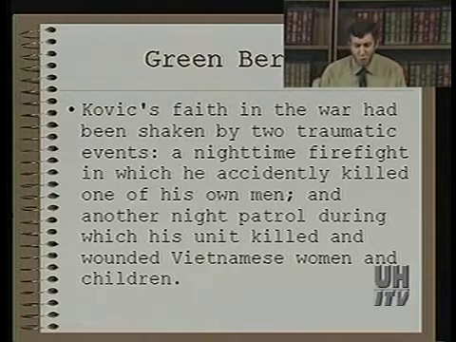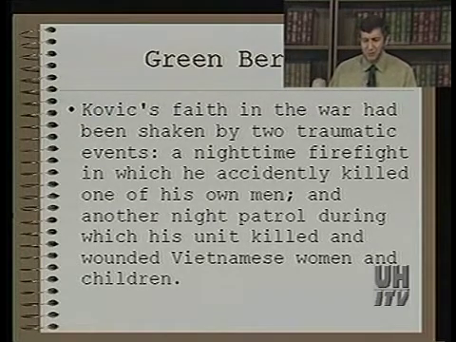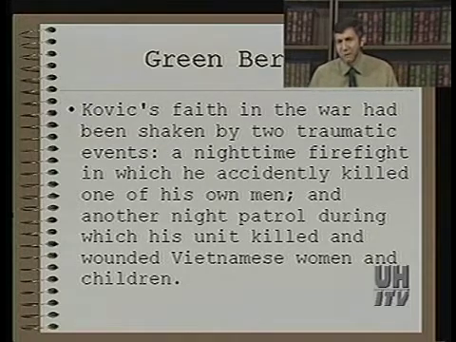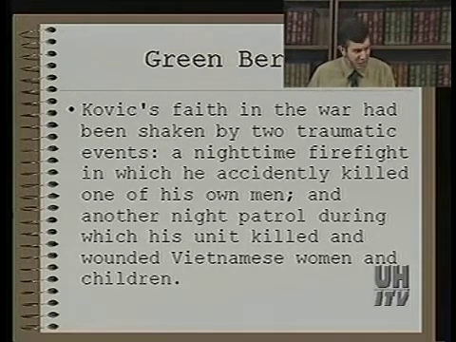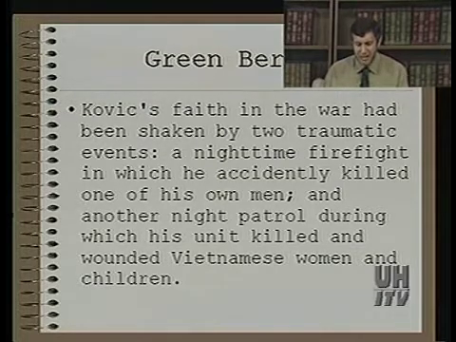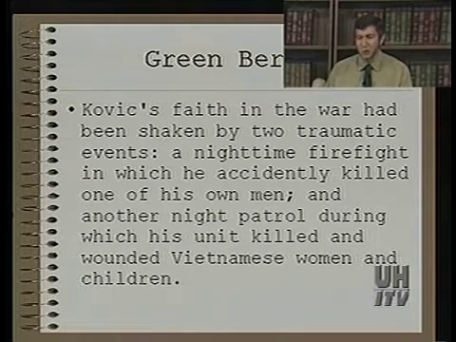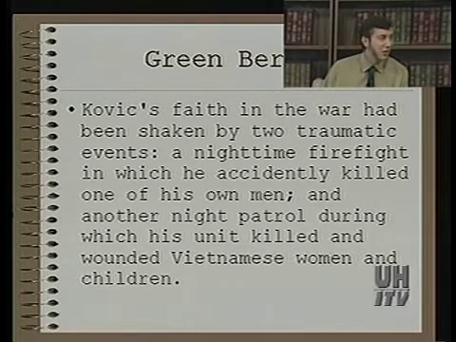Kovic's faith in the war had been shaken by two dramatic events: a nighttime firefight in which he accidentally killed one of his own men, and then another night patrol in which his unit killed and wounded Vietnamese women and children.